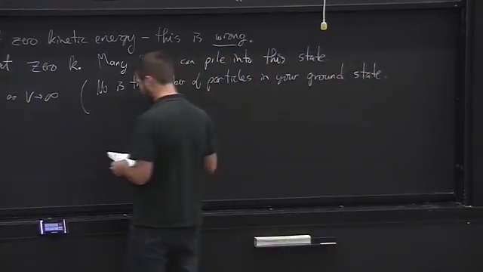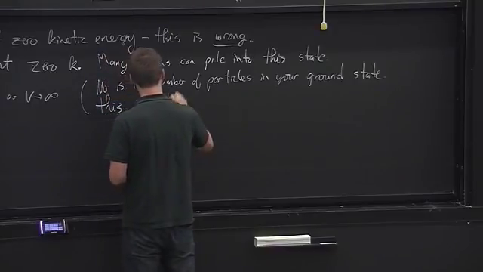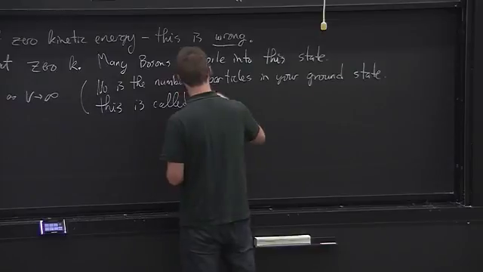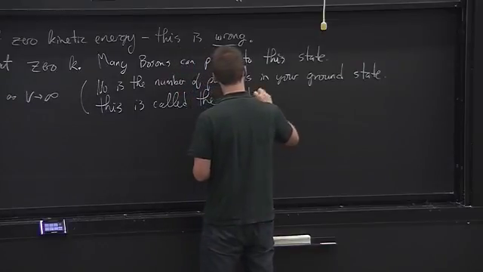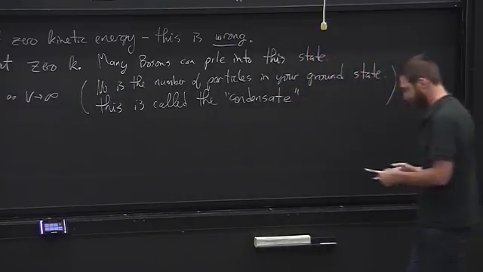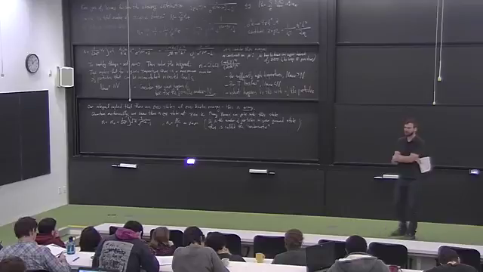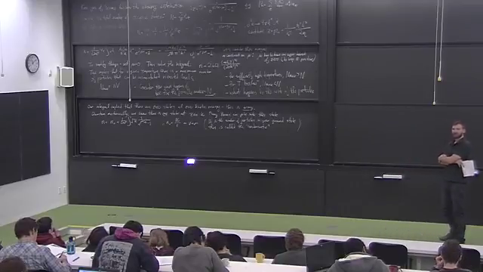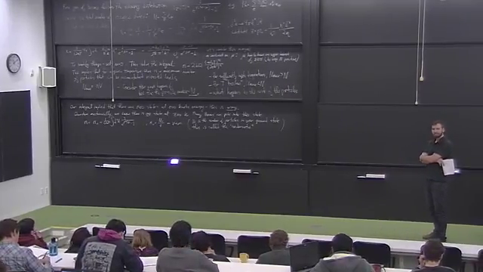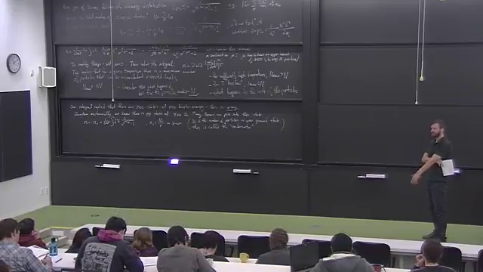And this is called the condensate. That condensate can easily be a macroscopic fraction of your total particles. And as you go to zero temperature, the number of particles in your condensate becomes the number of particles in your system.